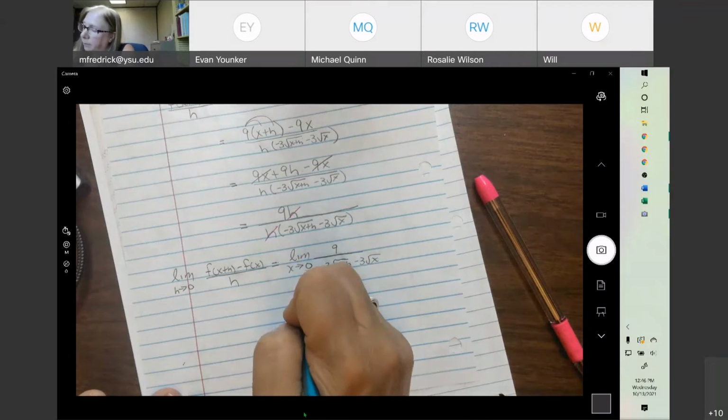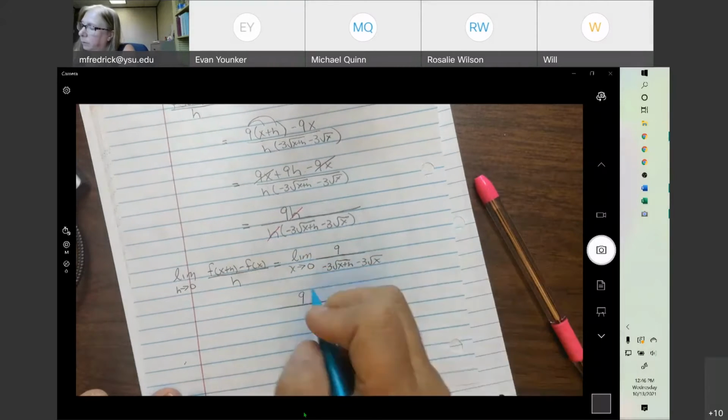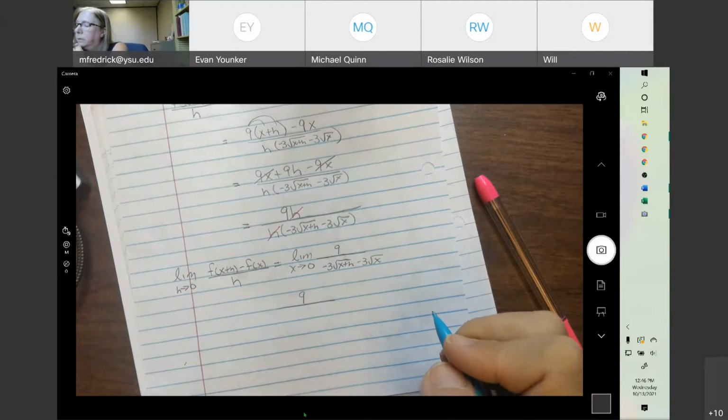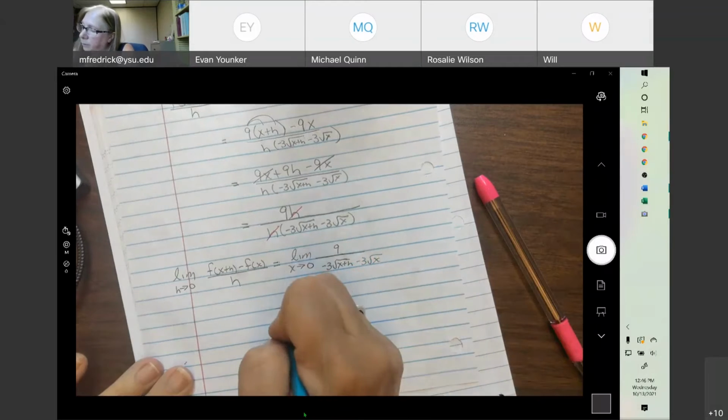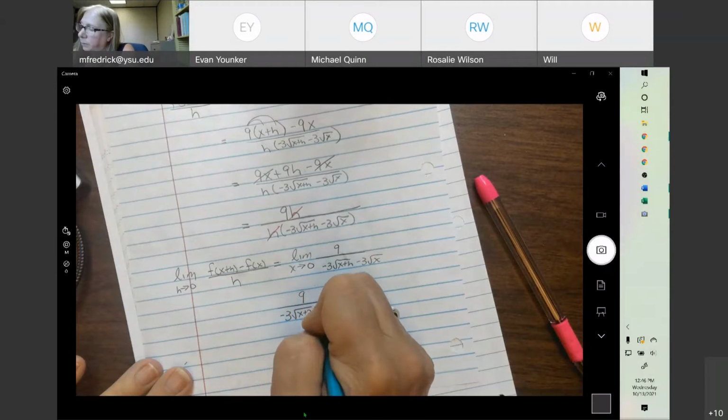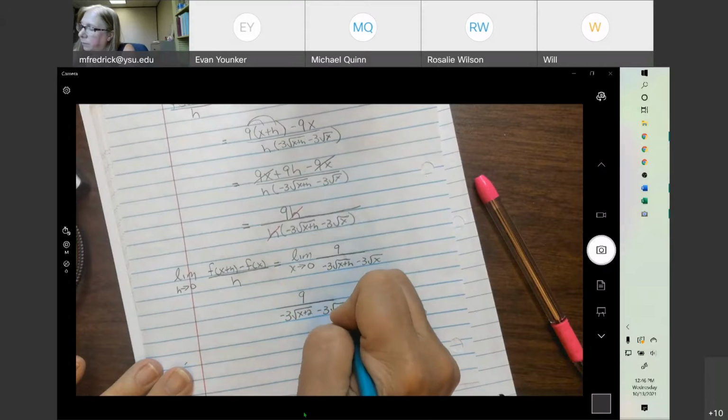Plugging in the 0, we have 9 over -3 square root of x plus 0 minus 3 square root of x.